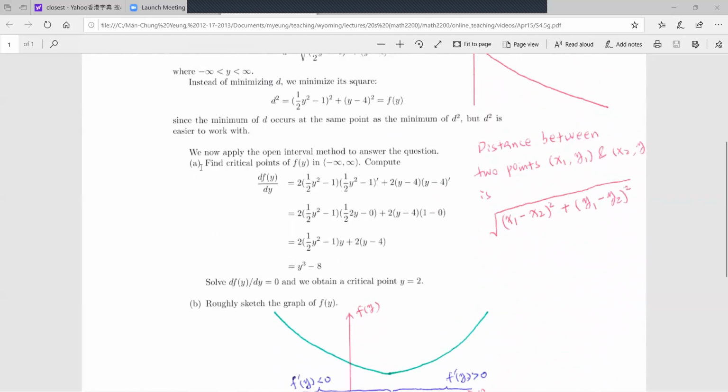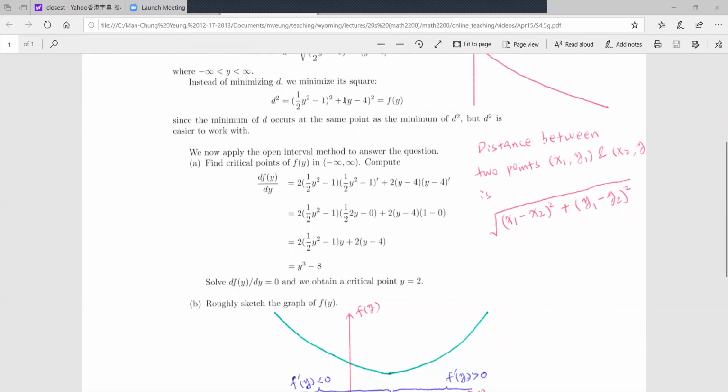Step 1 of the open interval method, we need to find critical points of the function f in this interval. So take the derivative of the function f with respect to the independent variable y. For the first term, I can use the chain rule to get this.